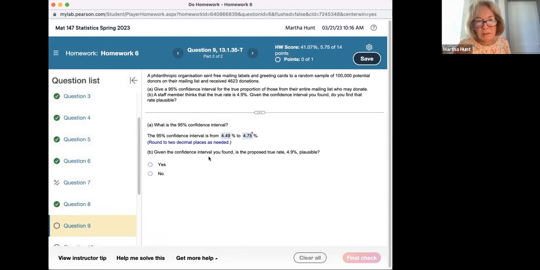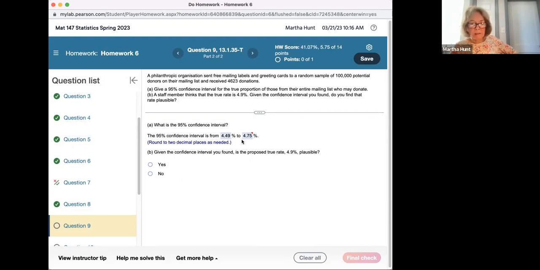Given the confidence interval you found, is 4.9% plausible? Is 4.9% in this confidence interval? I don't think so.